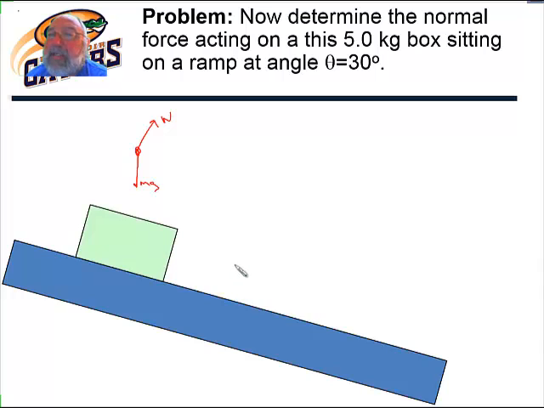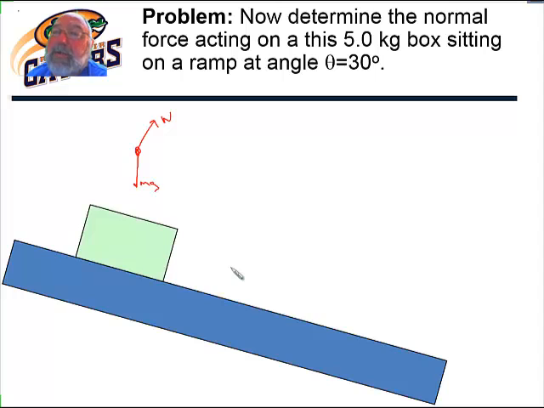But I need to pick a coordinate axis. We could pick the standard xy axis where y is in the vertical plane and x is in the horizontal plane, and we could work with that. Be a little cumbersome. It's easier if we can put the thing that we're looking for, in other words the normal force, on one of the axes so that it only lies in one direction.